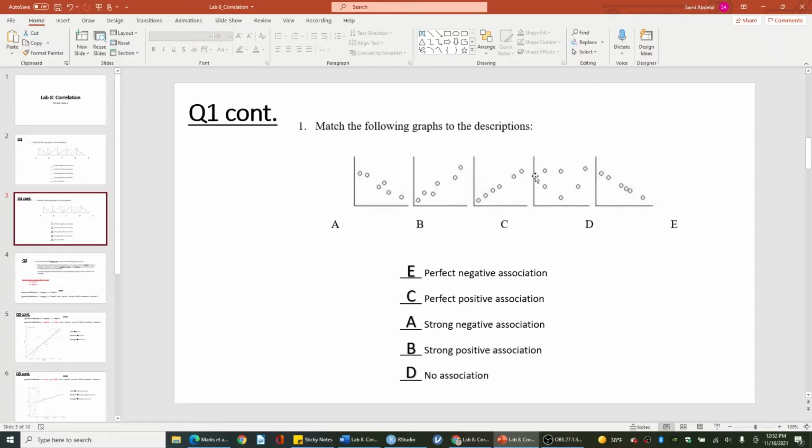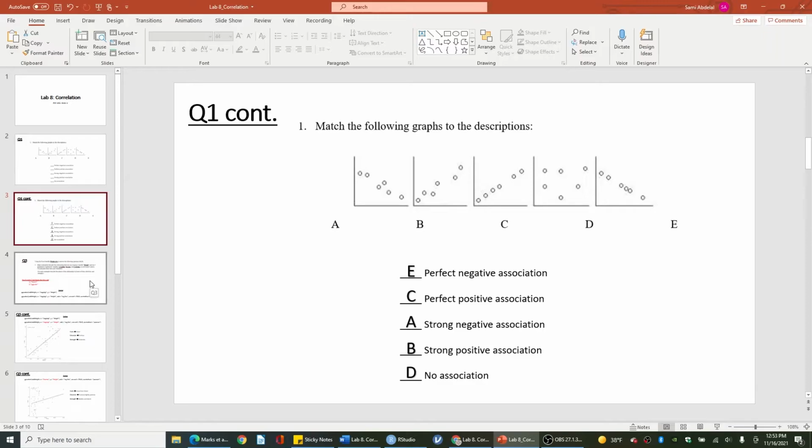The strength, they're not clustered around some sort of line or average. They're just spread out everywhere. And then the direction as well. It's not positive, it's not negative, it's just kind of scattered about. So we would say no association.